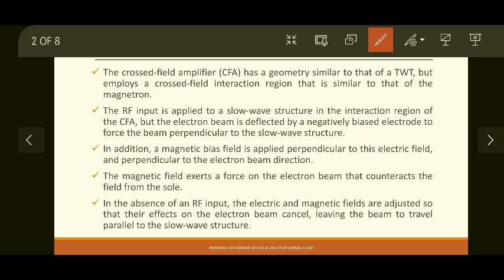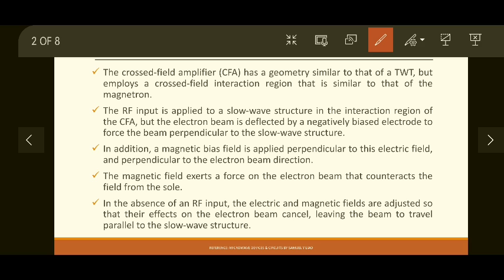To avoid that, there is a counteraction: the magnetic field exerts a force that forces the electron beam to deviate from its original direction, and to counteract that, there is the sole electrode. So in the absence of RF input, the electric and magnetic fields are adjusted so that their effects on the electron beam cancel. So there is no force and the electron beam can leave the tube parallel to the slow wave structure.